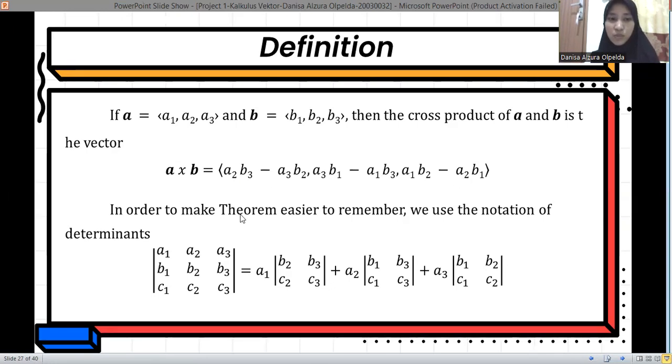In order to make the theorem easier to remember, we use the notation of determinant. So this is the notation of determinant.